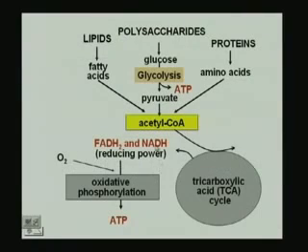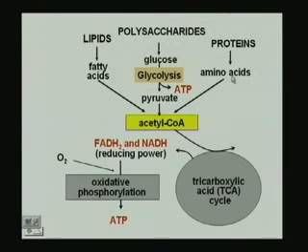So what we have is our lipids, polysaccharides and proteins. Lipids break down into fatty acids that form the acetyl CoA. Polysaccharides break down into glucose, the monomeric unit, which in the process of glycolysis forms pyruvate, which we will see in the process of glycolysis that we will study.